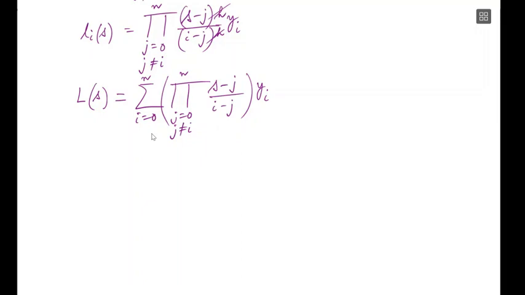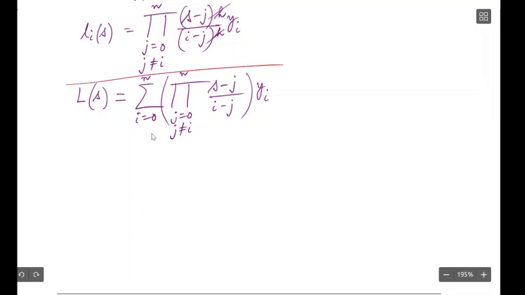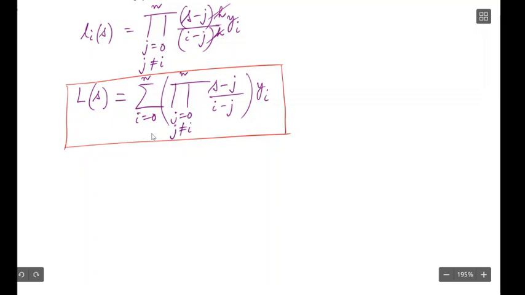So that's the expression for Lagrange's interpolating polynomial when the points where the values of y are tabulated are equally spaced.